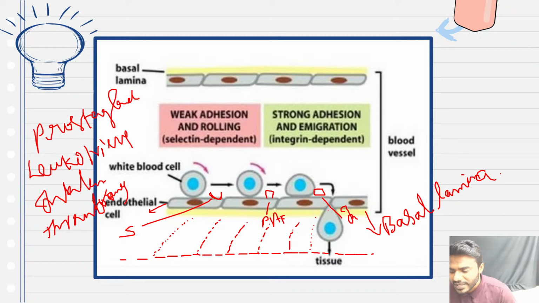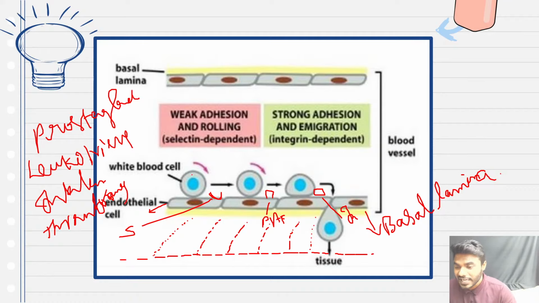Once again, listen to my statements carefully without confusion. Whenever there is damage, from the damaged area, several inflammatory signals will be released. Those inflammatory signals immediately activate the endothelial cells. Endothelial cells get activated and they will express three kinds of receptor molecules. Now you can all see the picture, right?